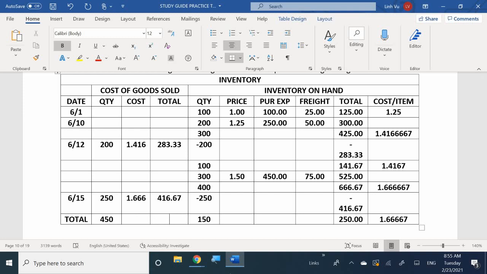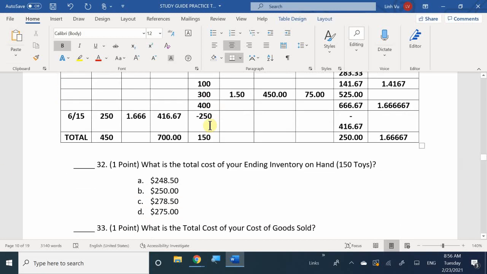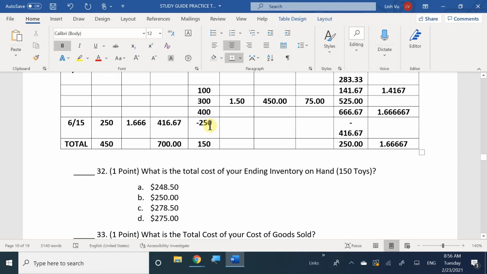What's my total cost that I sold? $700. 700 even. All right. So let's go ahead and take a look here. Number 32. What is the total cost of your ending inventory?